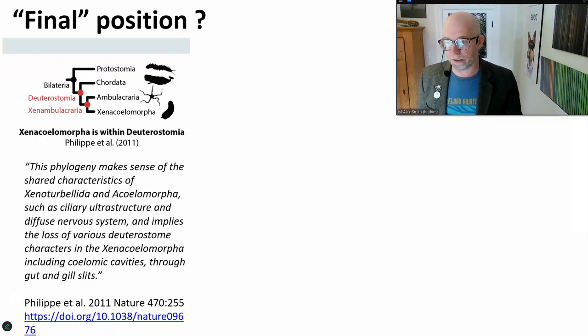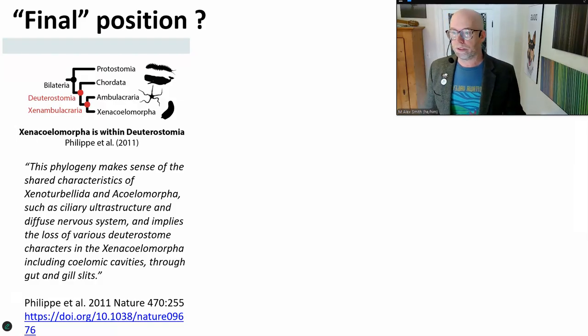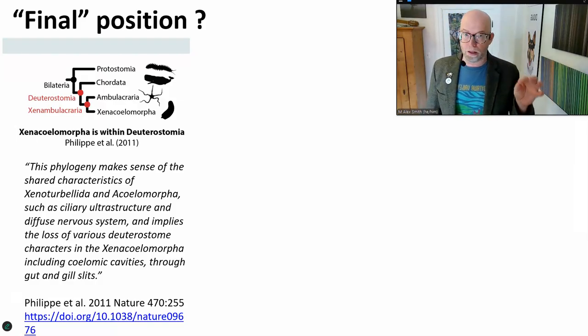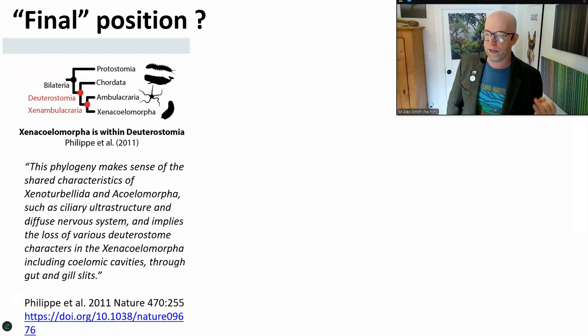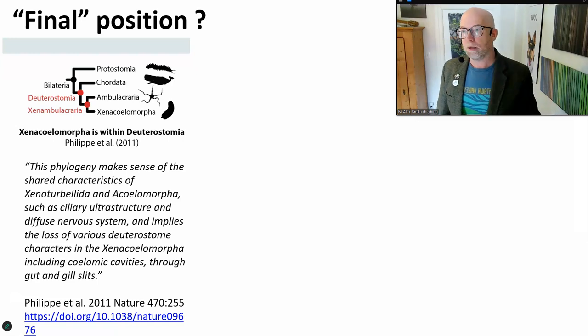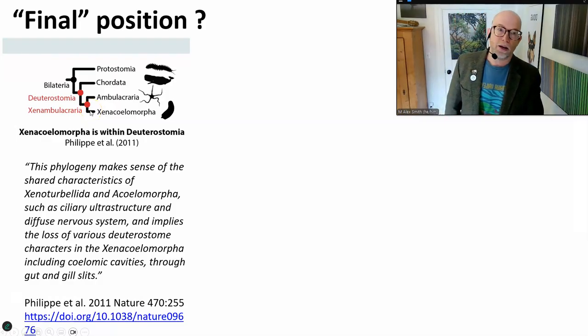Not everyone agrees. And Philippe et al. say this phylogeny makes sense in terms of the shared characteristics of Xenoturbella and acoels, such as the ciliary structure and diffuse nervous system, but it implies the loss of various, in fact numerous, deuterostome characters in the Xenacoelomorpha, including coelomic cavities, through gut, and gill slits. So lots and lots. But their insistence, their analysis, is that the Xenacoelomorph is a kind of deuterostome.